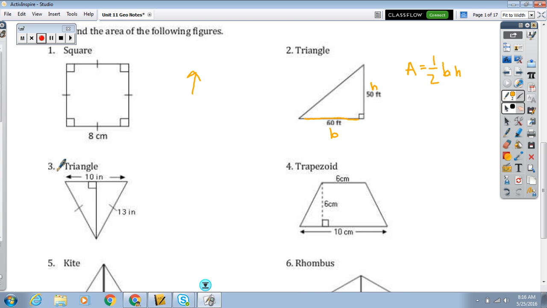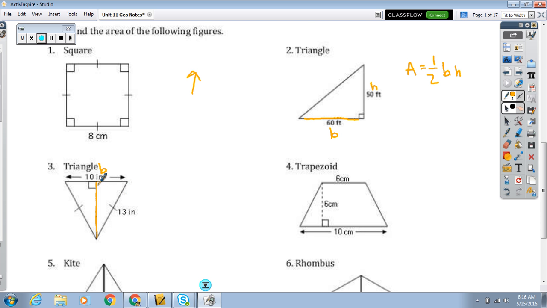But take a look down here at number 3. A couple different ways that you could attack this problem, but one way that you might start is by calling 10 the base, and then this line that I'm making orange is our height. Now, 13 is not our height. That's just a side length of this triangle.